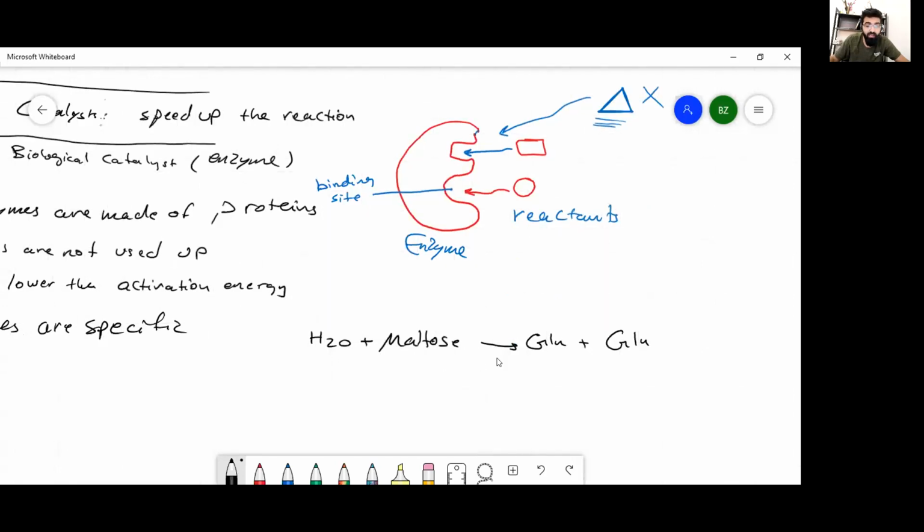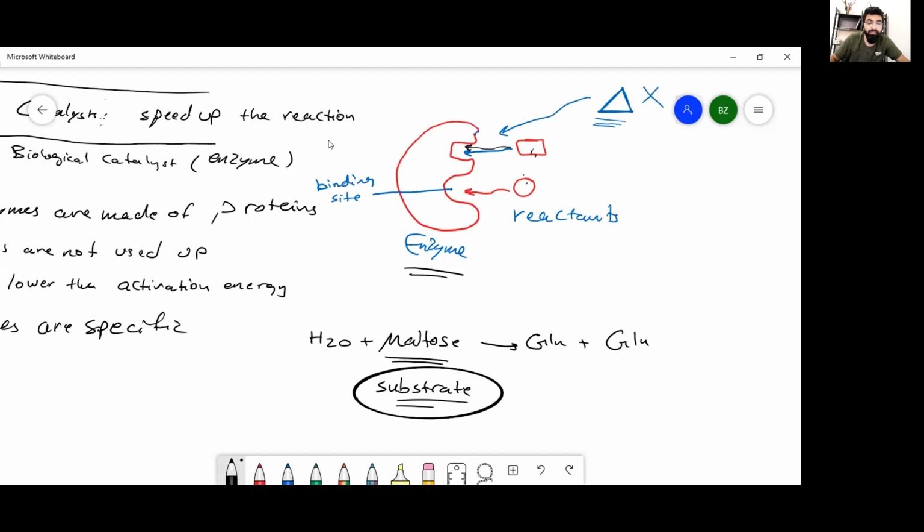The enzyme required here is specific for maltose, because maltose is the substrate, as we call it. The substrate is the molecule that fits the binding site, the molecule that can bind on the active site of the enzyme. Got it? So every enzyme is specific for a substrate.